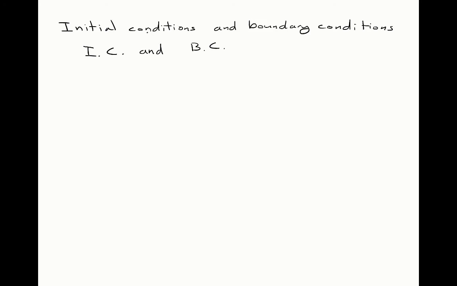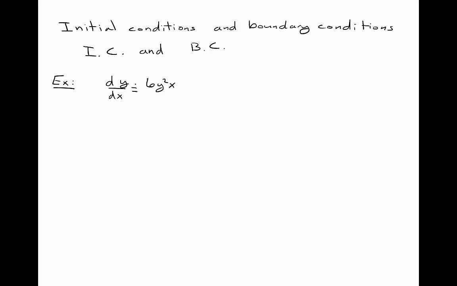So this is where you end up when you're solving for your solution. You get some general solution, and it has a constant in it, and you need to figure out what those constants are. Let's get a little bit more specific about what I mean here. So let's say we have a differential equation.